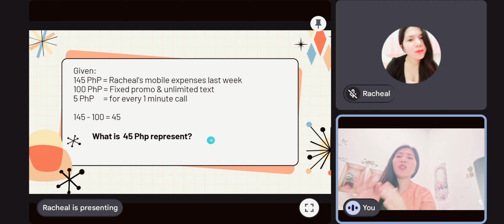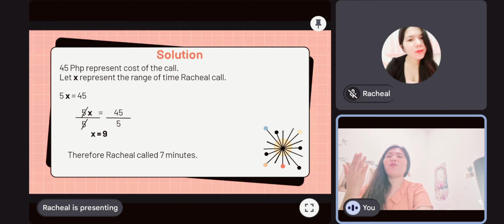From this given question, we can also create a linear equation. So 45 represents the cost of the call. Let's go back again to x, which represents the number of minutes Rachel calls.